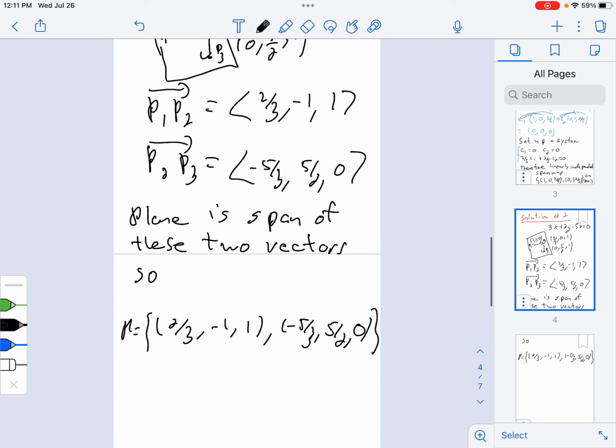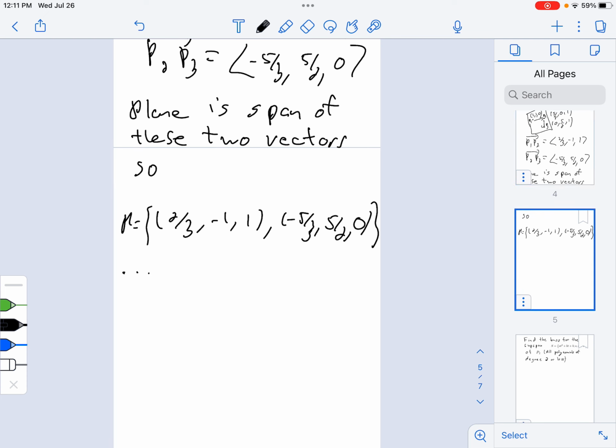It will also be linearly independent. Again, with these two vectors in M, you would do the same thing that I did in solution number 1 to show they're linearly independent, and you get that the constants would equal 0.